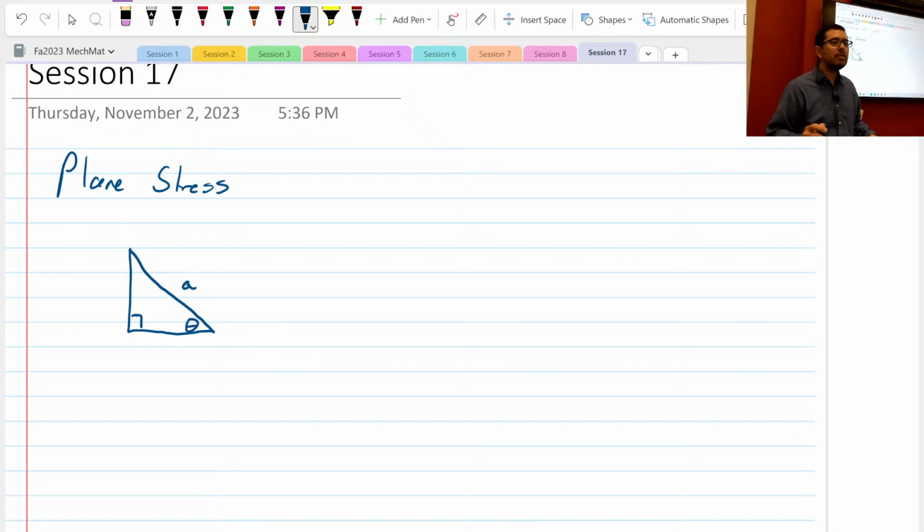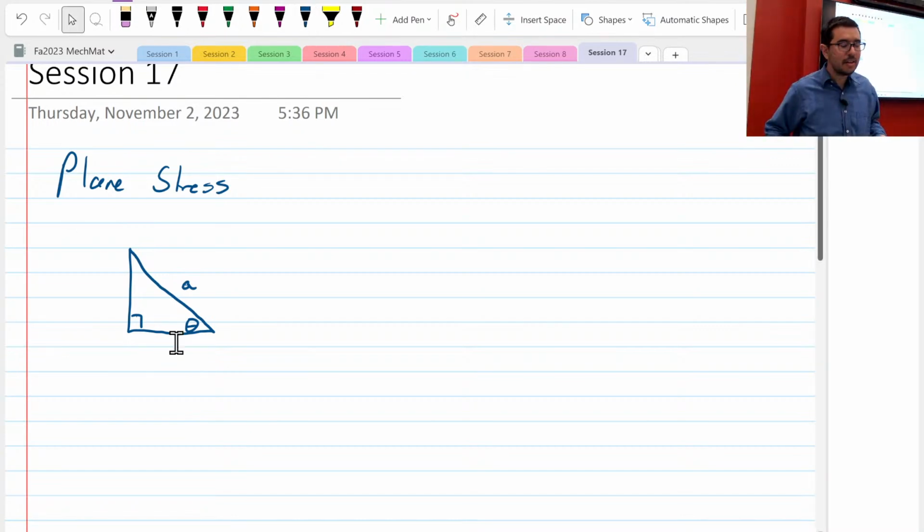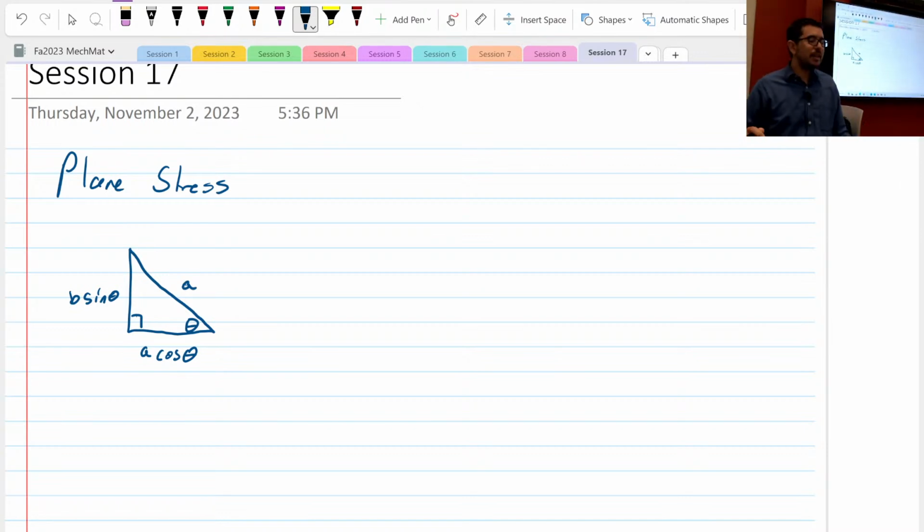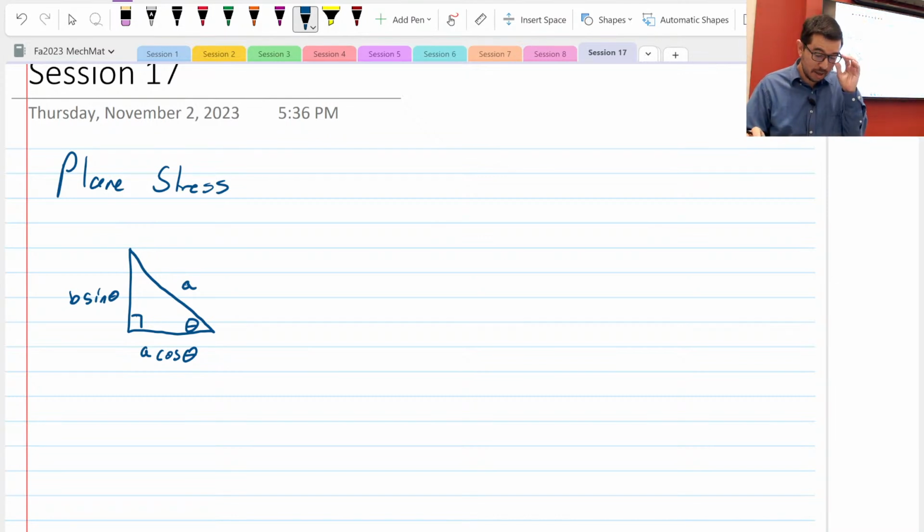If I want to know the lengths of the sides of this triangle, what's the length on the adjacent side? It's just a cosine theta. And on the opposite side? a sine theta. I haven't really started off this basic before, but I think it will be helpful for what we're going to do in a few minutes.